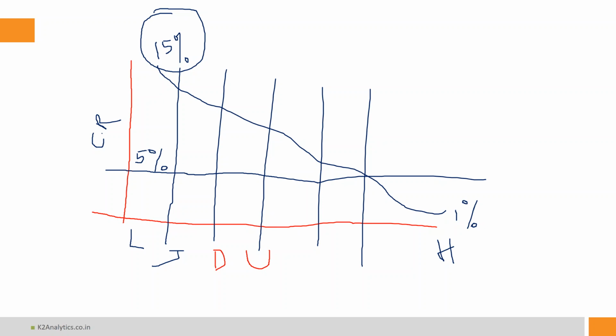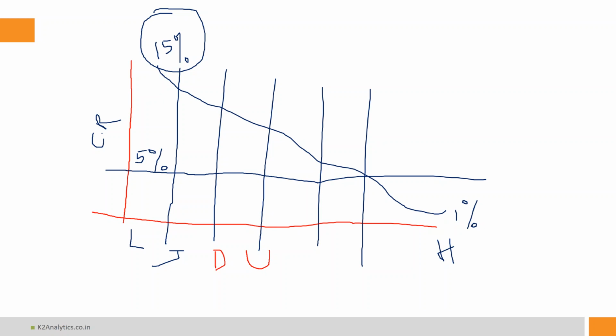The previous month of March is February. I'm going to create the variable. I'm going to create segments: very low, low, moderate, high, very high, ultra high. The customers who fall into very low, can I say 15% of them are going to churn? The customers who are in ultra high usage, can I say only 1% of them are going to churn?